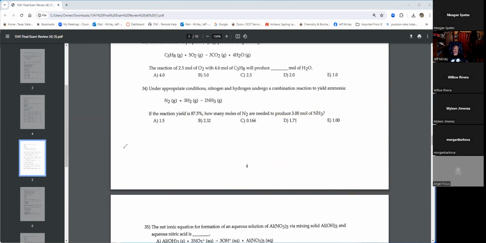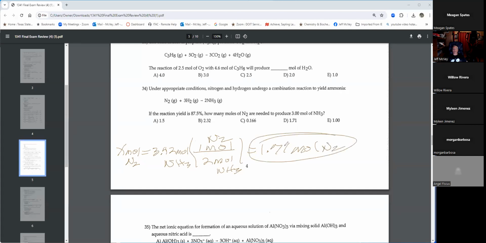So I came up with 3.42, and I want to know how many moles of N2, if I start out with 3.42 moles of NH3, which is the theoretical yield, and then my ratio is 2 moles of NH3 to 1 mole of N2. And that's where I came out with 1.71 moles of N2.